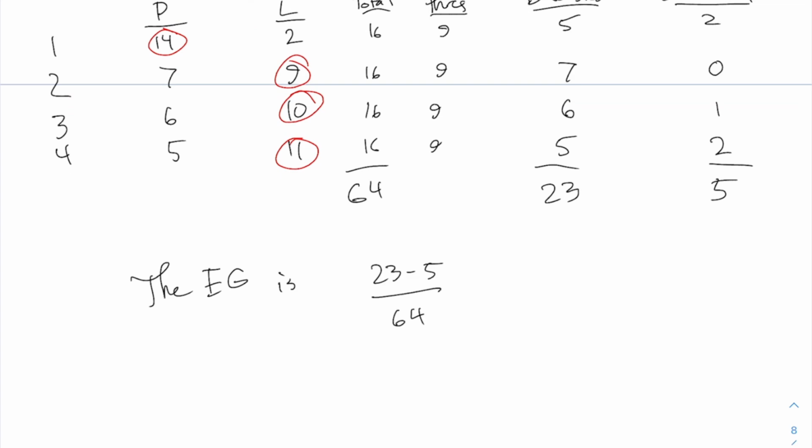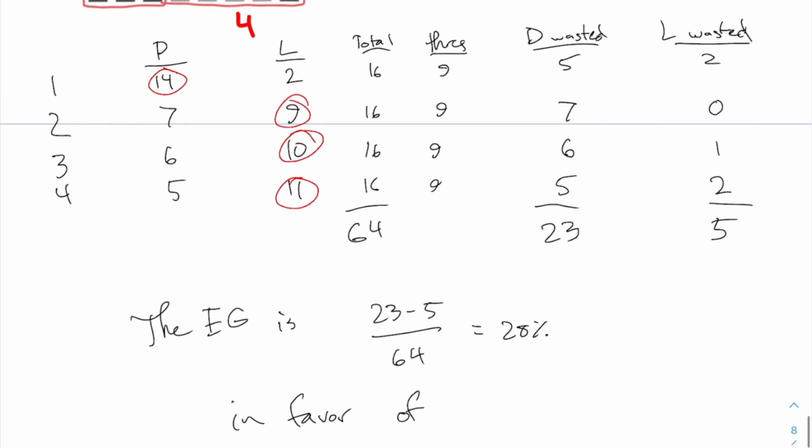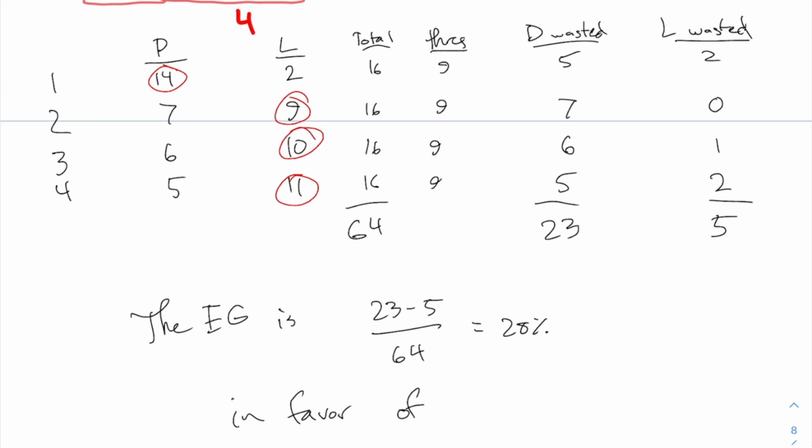And I did the numbers on this. This is about 28%. You got to say in favor of. Who is this in favor of? L. Yes, L is wasting fewer. D is wasting more. So this map benefits the L by to the tune of 28%.